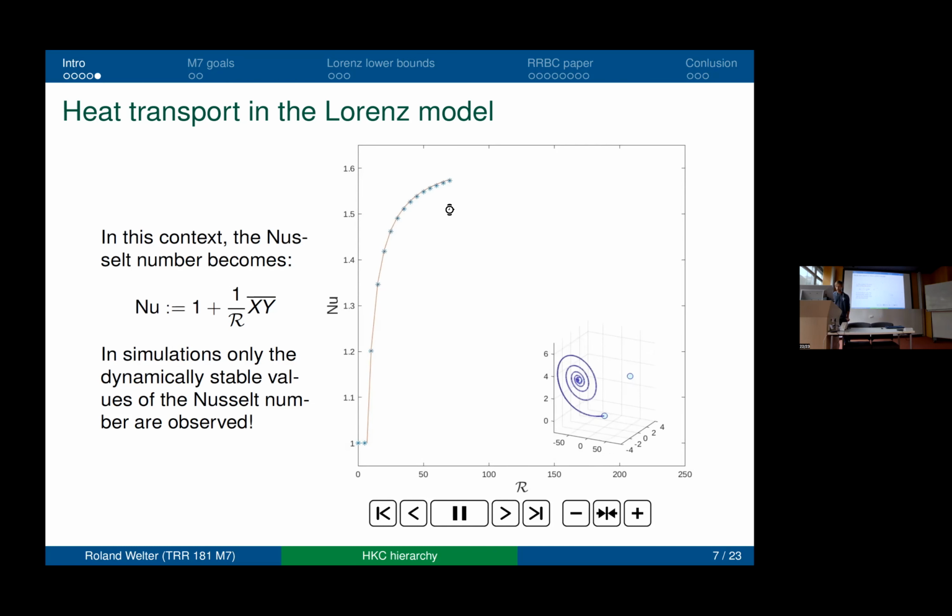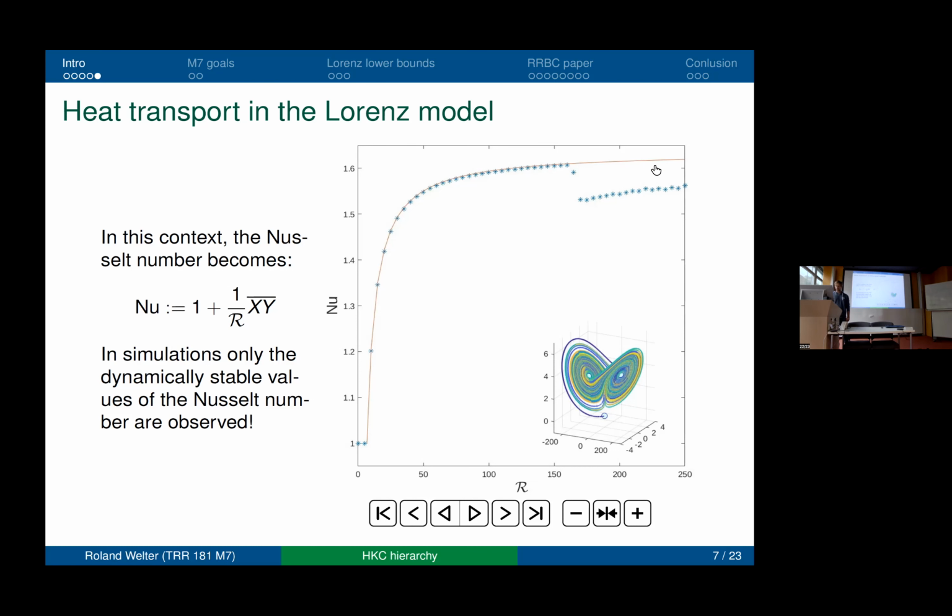So the heat transport increases as the Rayleigh number increases, but after some time, these fixed points destabilize, and then we see the well-known Lorenz attractor. We now see in orange the fixed points exhibiting some heat transport, and then the stable value of heat transport being less. So in this case, the fluid is chaotically moving around and not transporting heat very well.